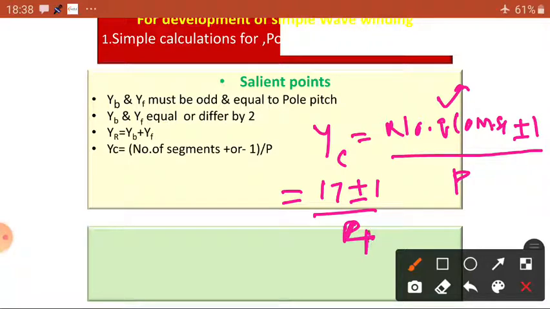So here you are going to get 18 or 16 by 4. That is one formula.